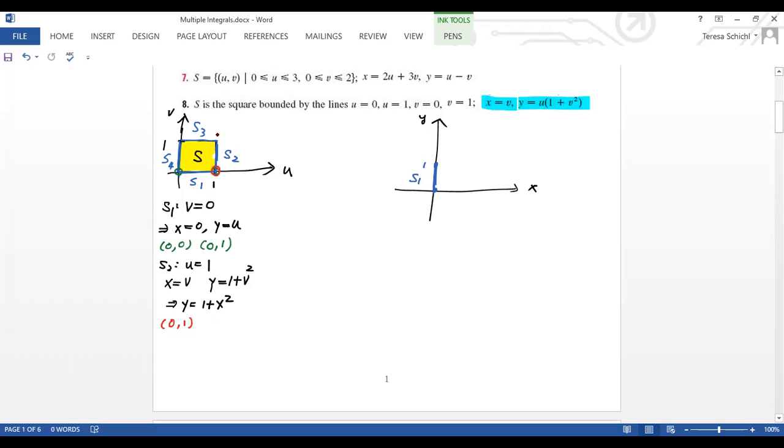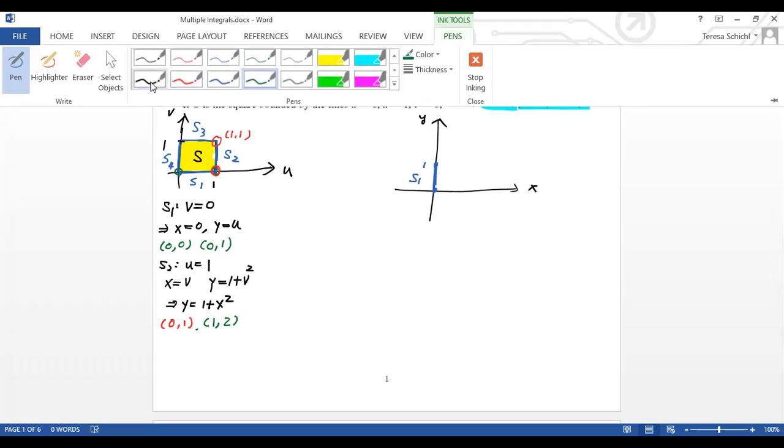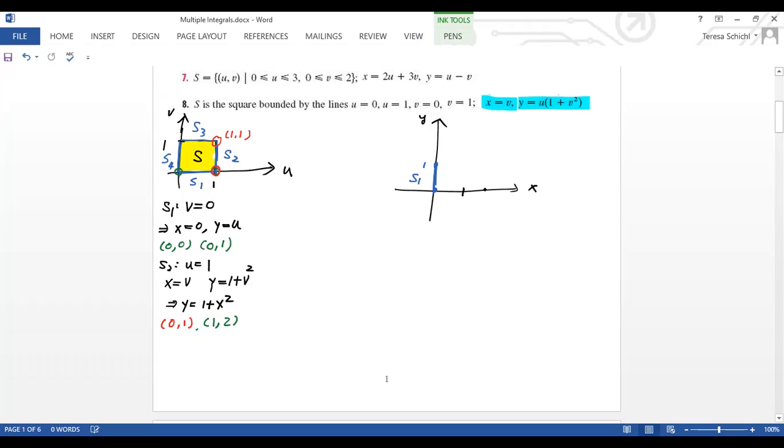Then for this point here, this one used to be 1, 1, correct? And now I'm going to transfer it. So what is this one going to transfer to? 1 and 2 here, correct? So x is equal to 1 and y equal to 2 here. So this is 1, 2.